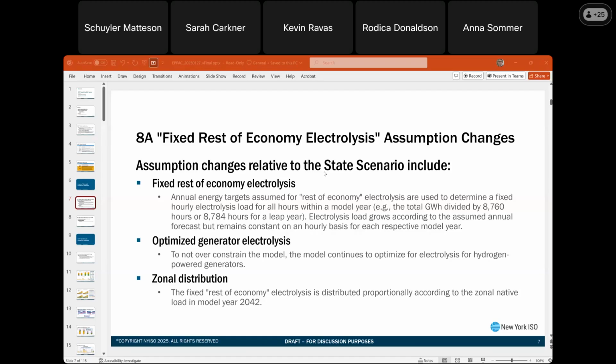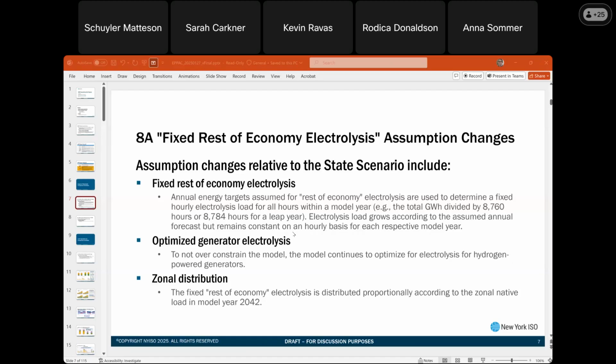No, that's a great question. And yes, this rest of economy electrolysis load is separate and distinct from regular zonal load. It behaves differently in that we don't specify an hourly demand. The model can choose when to serve this rest of economy electrolysis.